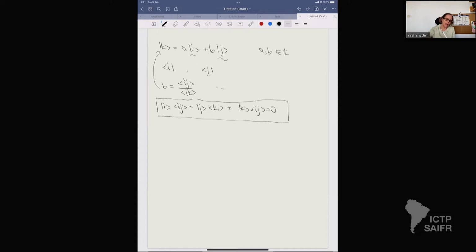If we multiply that by any other spinor l, we get a nice equation: ⟨li⟩⟨jk⟩ plus the permutations of that is equal to 0, and similarly the same thing with square brackets. These identities are called the Schouten identities, and they are very powerful in simplifying all sorts of spinor structures.